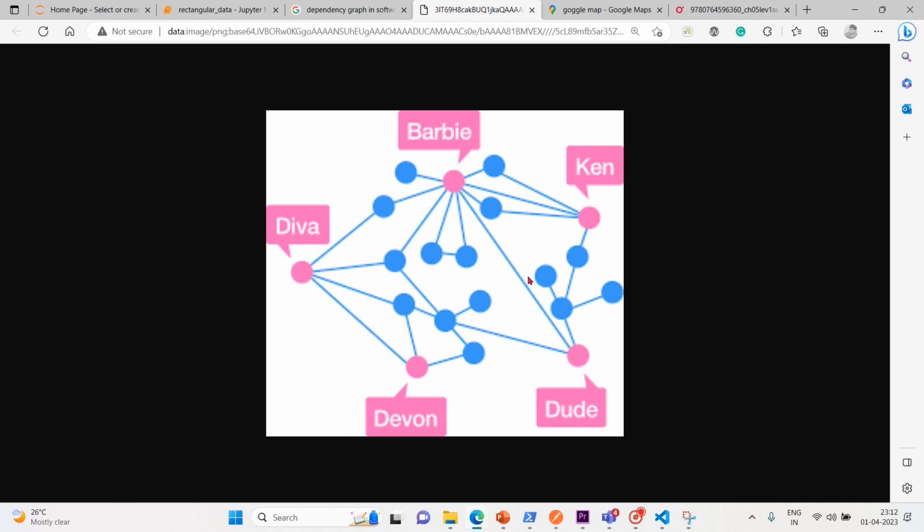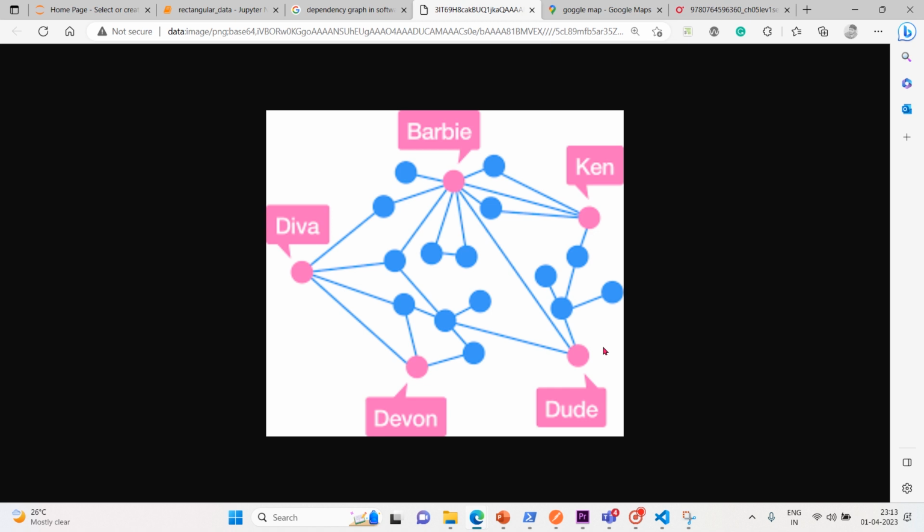If you see, Jude is also a primary contact to Barbie. Whereas Devon and Dude have no primary contact at all. Whereas Diva and Dude have a primary contact. And if you see this blue dot and then Dude, there is no contact at all, neither primary nor secondary nor tertiary.